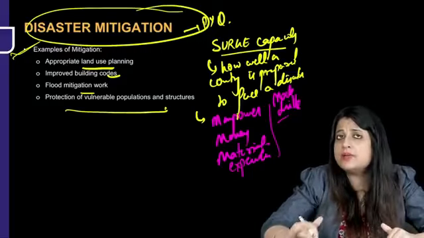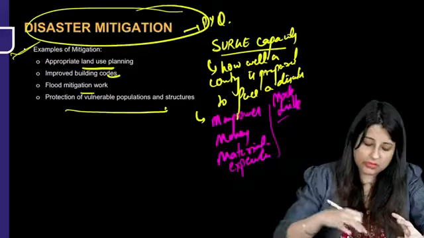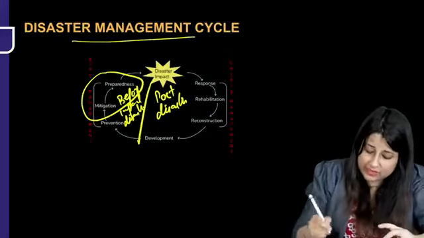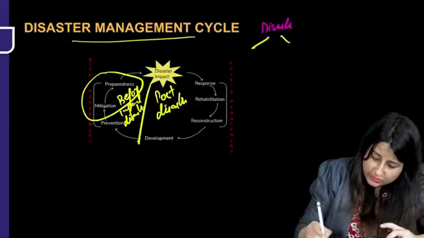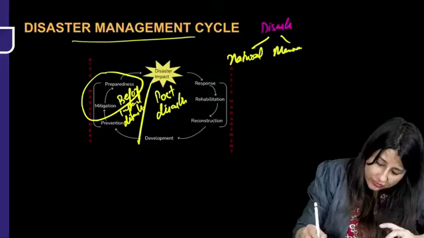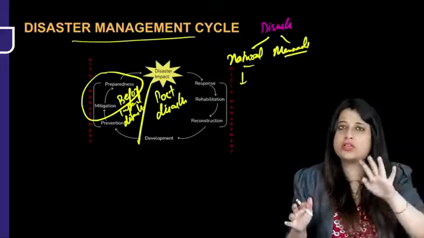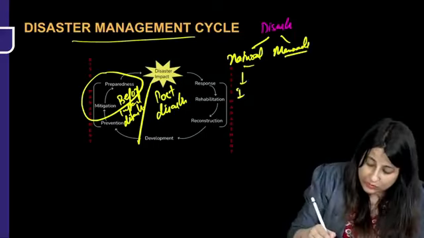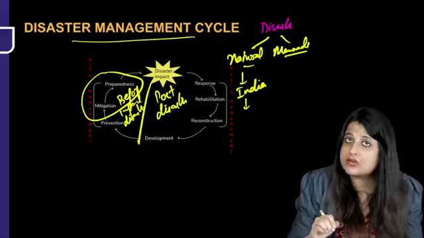Also, please remember, when you talk about disaster, guys, there are 2 types. When we talk about disaster, you can divide it, just a golden point, into natural disasters or man-made disasters. Please remember, natural has a lot of types: climatological, hydrological, biological. Even in India, outbreaks or epidemics are also disasters.